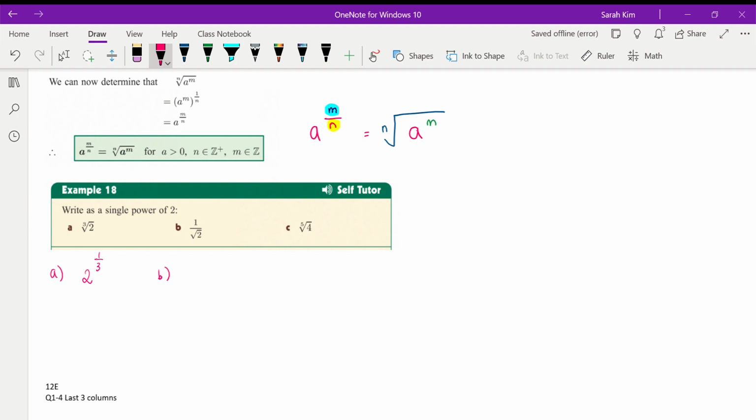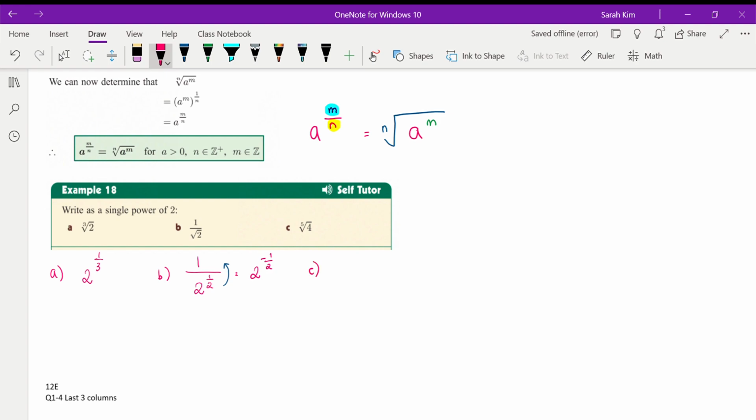We need to convert it and make sure it's not in fraction form. Square root 2, you know that it should be written as 2 to the power of a half. Now we don't want it as a fraction, so all I have to do is flip it above the fraction line, meaning I write it as 2 to the power of minus a half. So it gains the power of a minus.